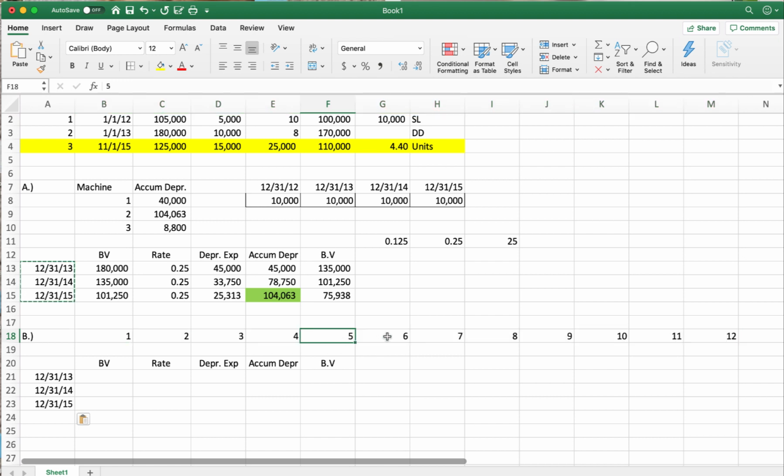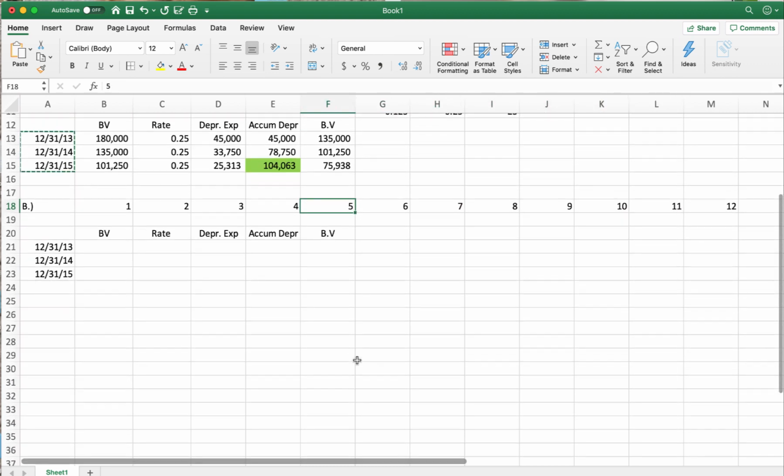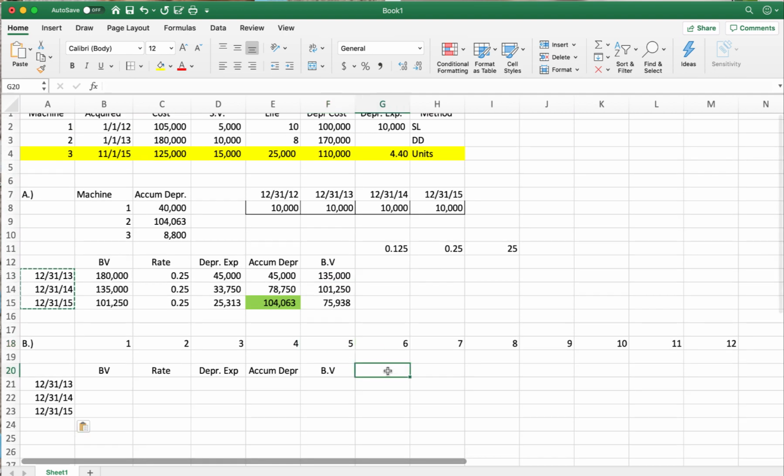So May, June, July, August, September, October, November, December. So I need to take all those months: 1, 2, 3, 4, 5, 6, 7, 8. Okay, 8 months worth of depreciation, or we could say 8/12.